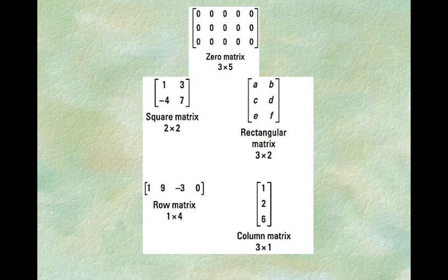The rectangular matrix is where the rows are more than the columns, for example 3 multiplied by 2. A row matrix is just a row without columns. And lastly, a column matrix is columns without any rows.